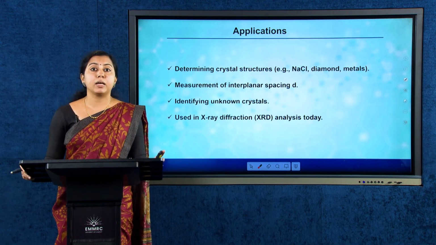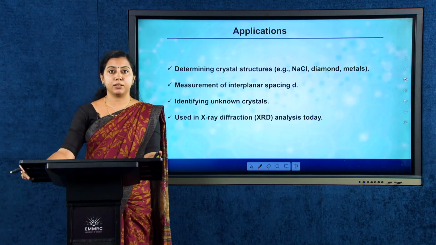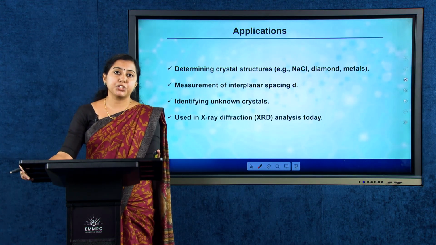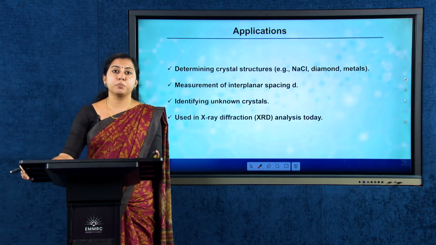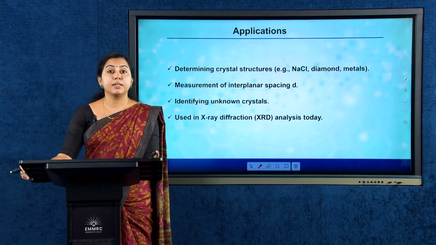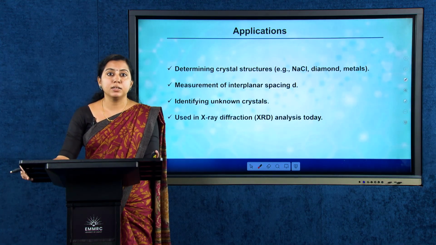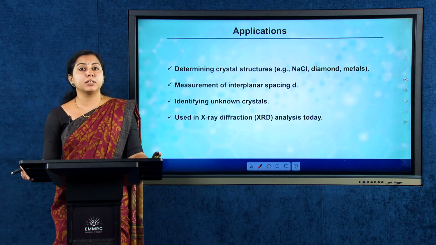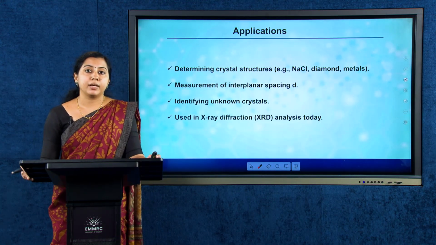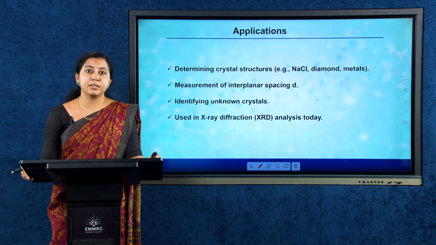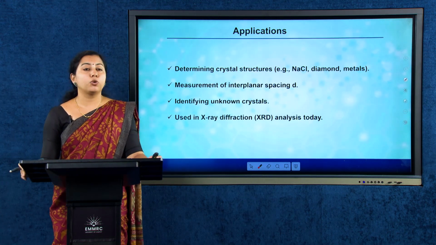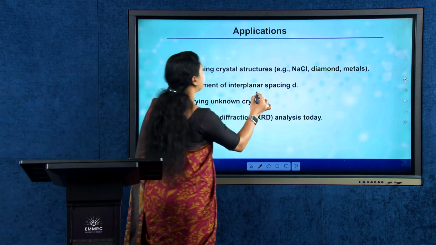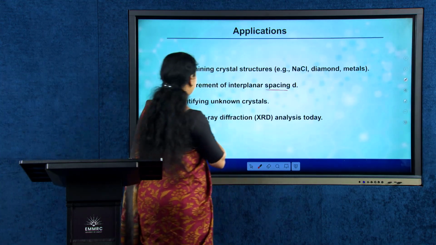Now, let us see the applications of the rotating crystal method. The main application of the rotating crystal method, or the Bragg's X-ray spectrometer method, which employs the diffraction of X-rays by crystals, lies in determining unknown crystal structures, such as those of NaCl, diamond, metals, metal complexes, etc. It also allows for the measurement of interplanar spacing d.